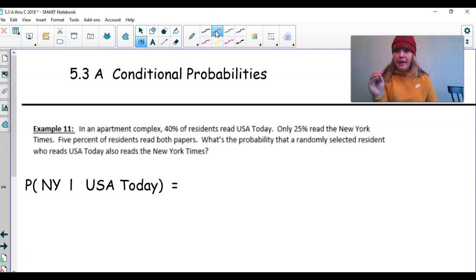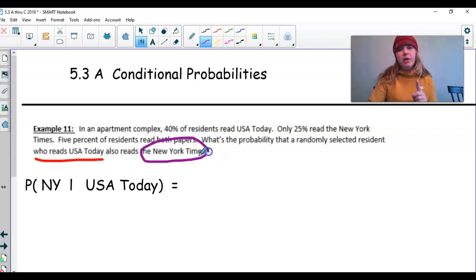This is the given right there. We know they have to read the USA Today, a given assumption. We want to figure out the probability that they also read the New York Times. So what's the probability they read the New York Times given they've read the USA Today?